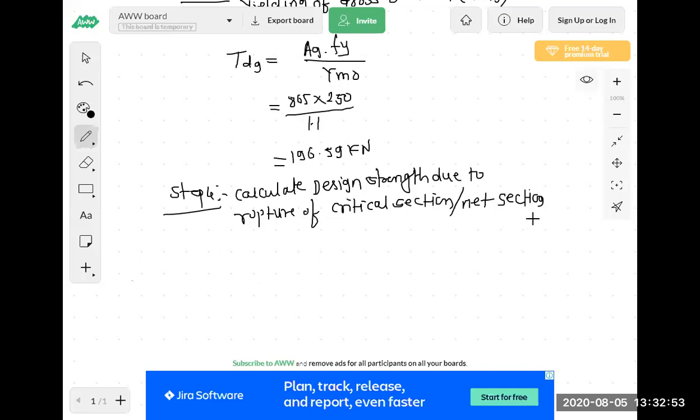The meaning of critical section is where we have provided the holes in the angle or any plate. That is the critical section, because the failure occurs from this area or section, so we are calling it the critical section or net section. So that is TDN. For yielding we used TDG.